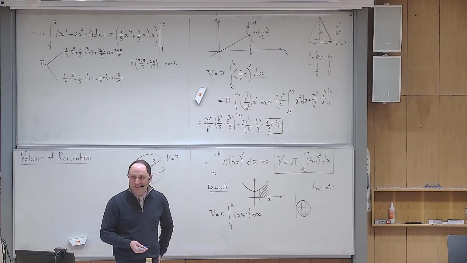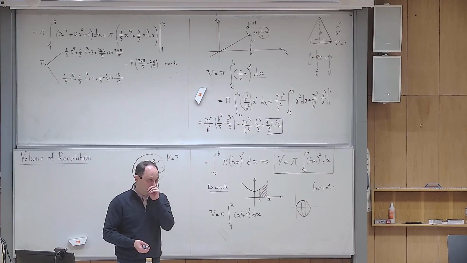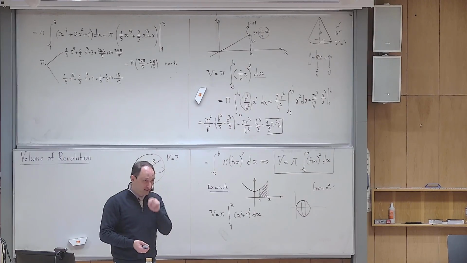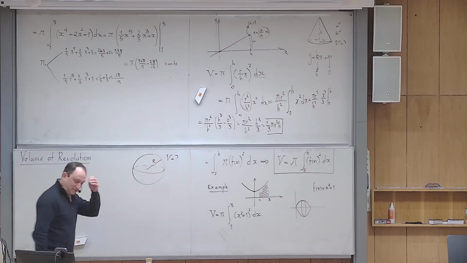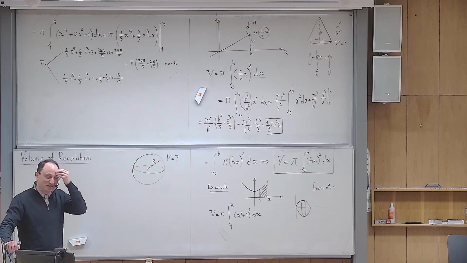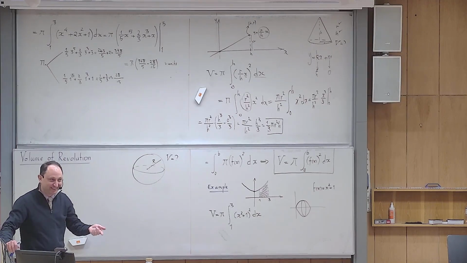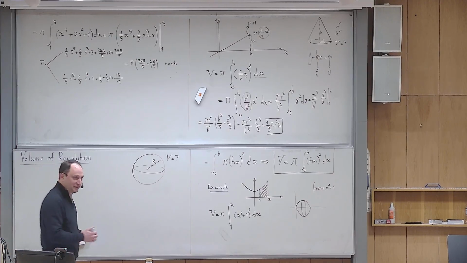But why is it not a sphere? Because in a sphere, every cross section should be a circle. Yes? So this is a challenging question for me. It was for me obvious that you have to rotate a semicircle to generate a sphere. Okay?